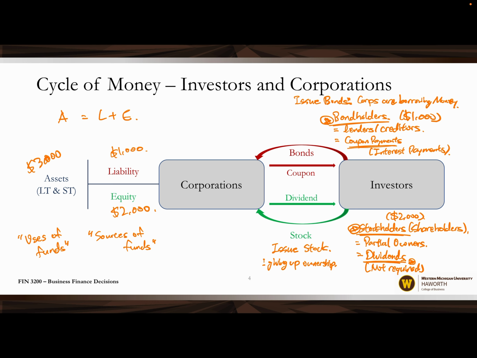Dividend policy changes all the time, and that's legal. So that's the cycle of money between investors and corporations: how corporations get money, and how the money flows back to investors, and this keeps cycling over and over.